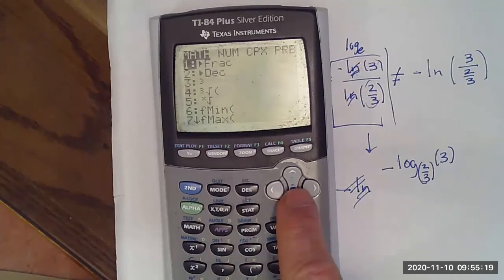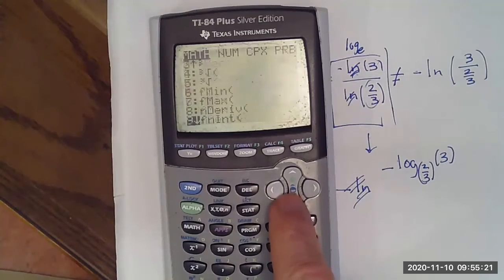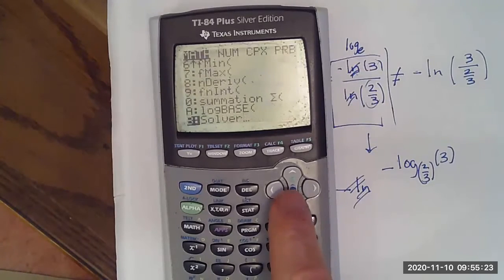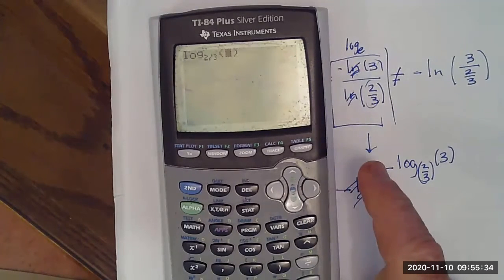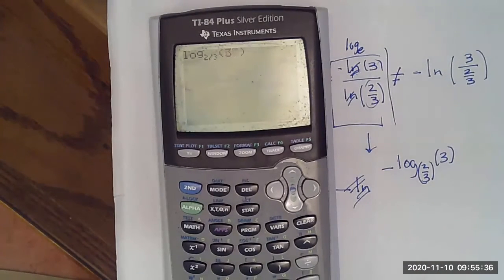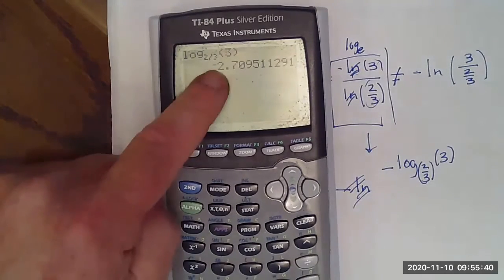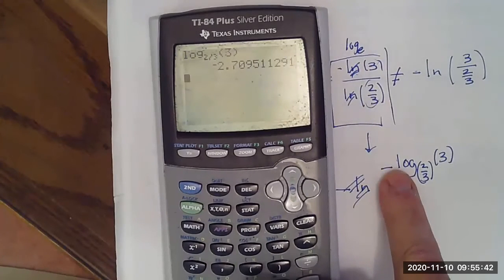I showed the students how to find the log base thing in here too, Bonnie, under the math button. So I can type in whatever base. Now 2/3 is allowed as a base because it's positive. And over here, I put a 3. Hey, that is weird. Look at it. It's negative, and so the negative cancels.